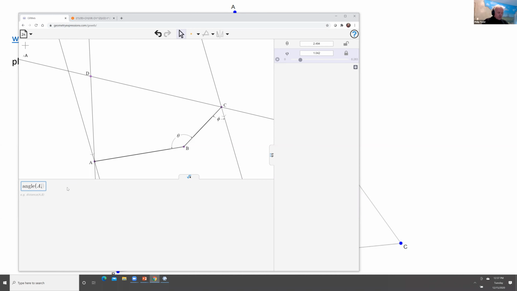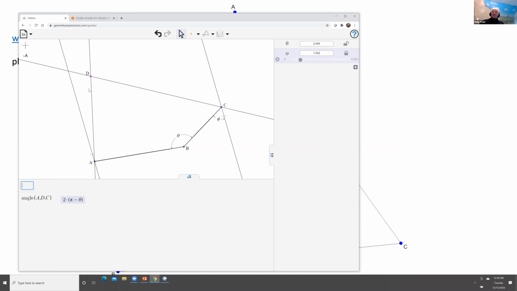ADC. And we see 2 pi minus theta. Now, sometimes what's most important about a symbolic result is not what's there, but what's not there. And what's not there is phi.